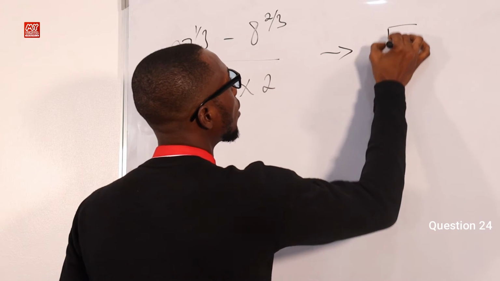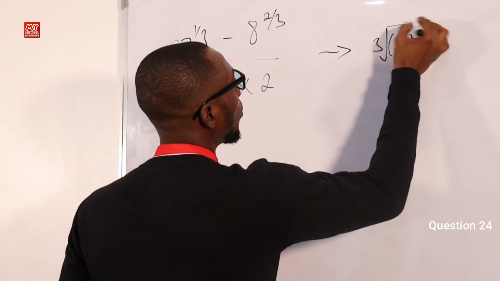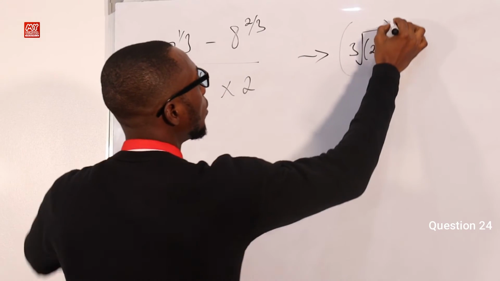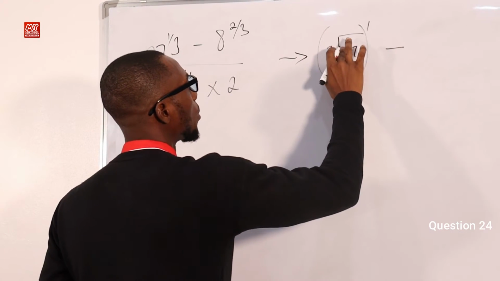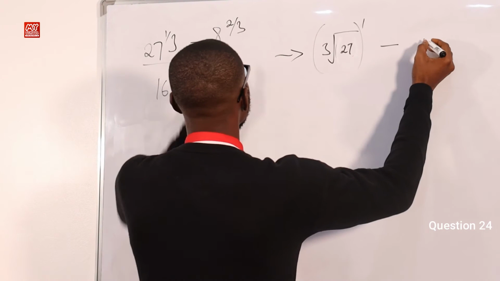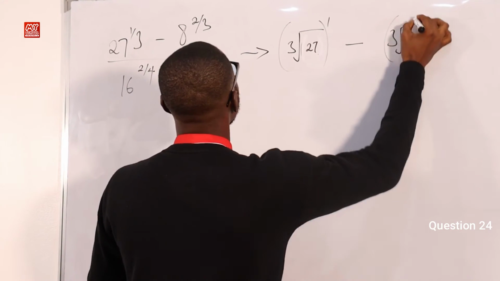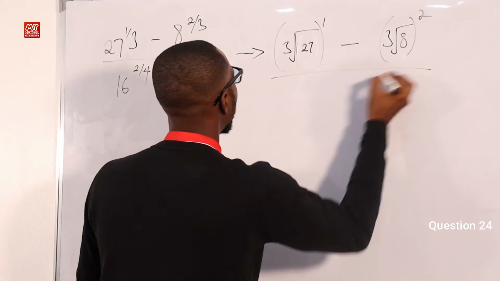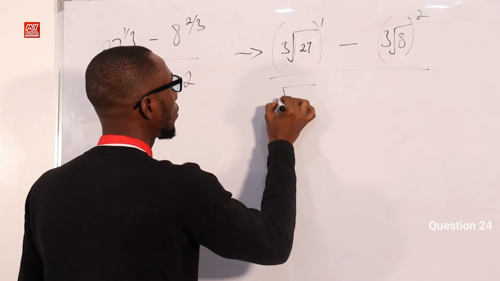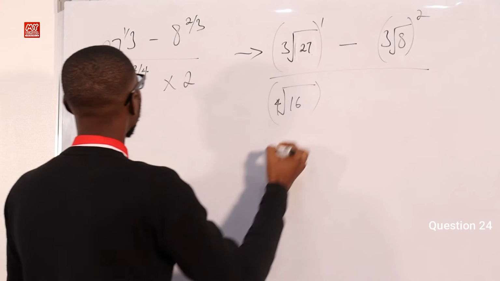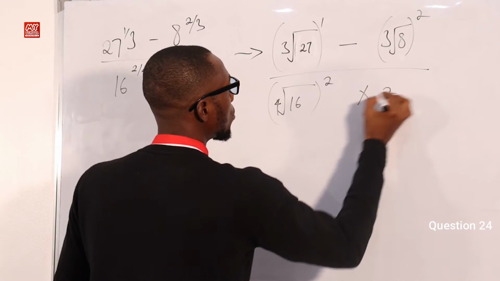So this will be the third root of 27, okay. Very well. Everything raised to power 1. Okay, we have minus the third root of 8 raised to power 2 over the fourth root of 16 raised to power 2, then times 2, okay?